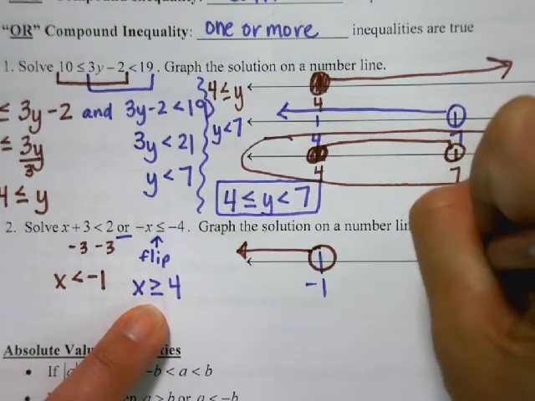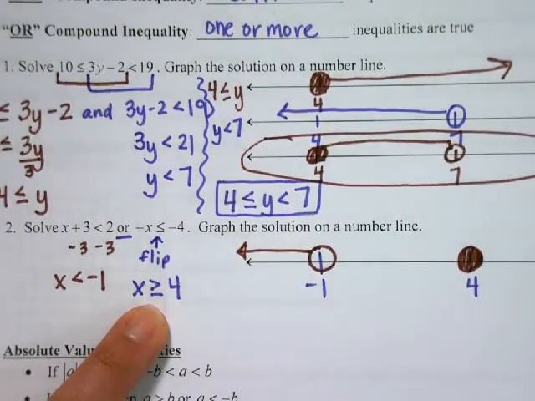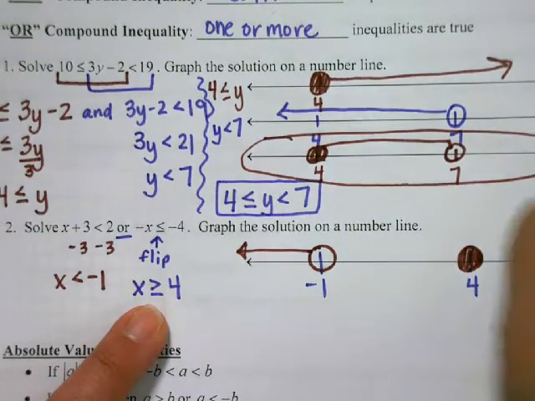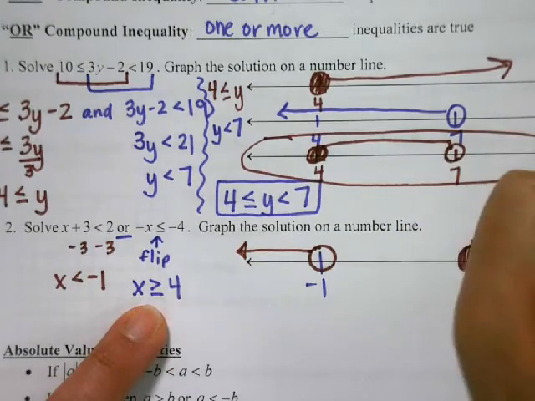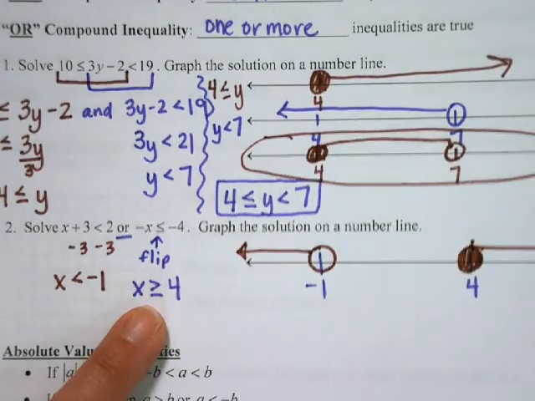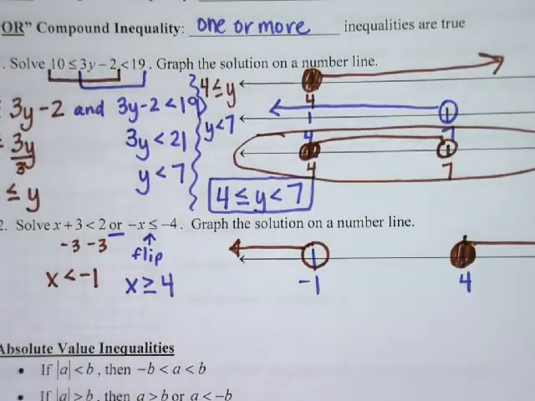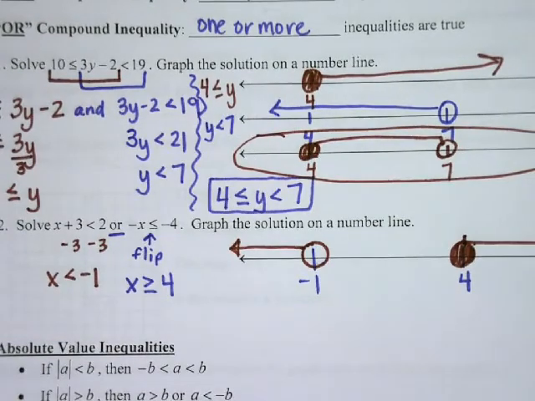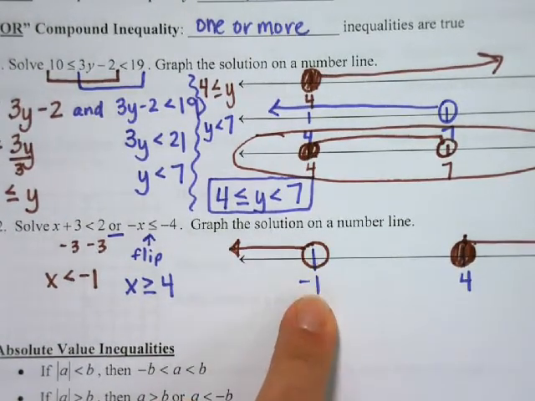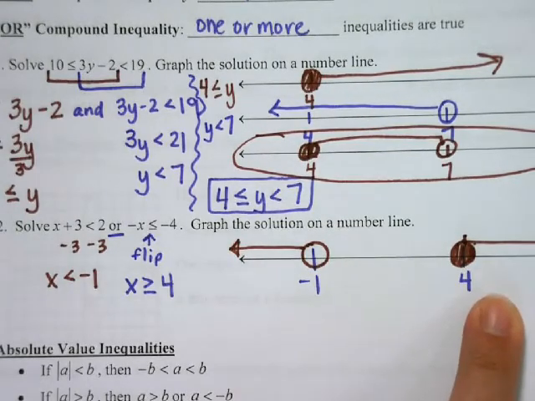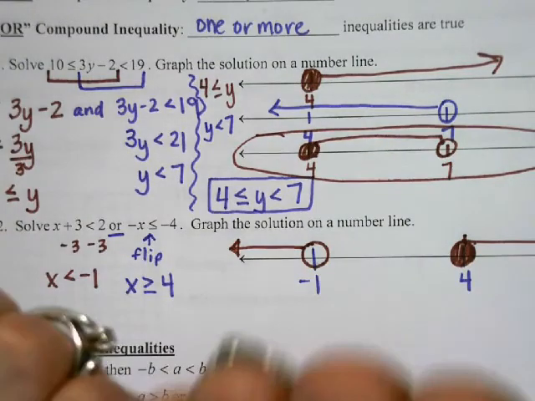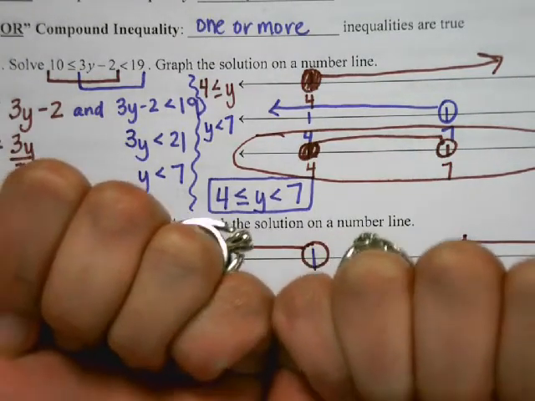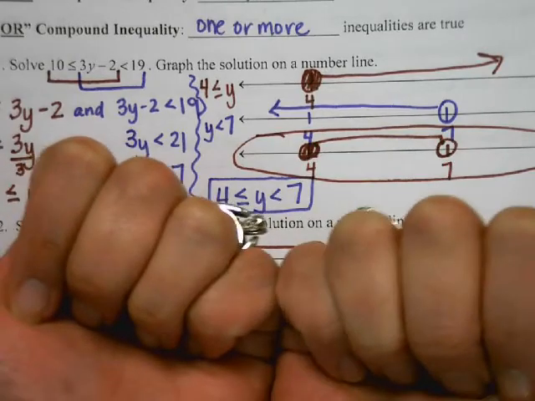So I have a closed circle on 4, and I want numbers that are bigger than 4. So he's going to the right. So either my numbers are smaller than negative 1, or they're bigger than or equal to 4. Does that make sense?